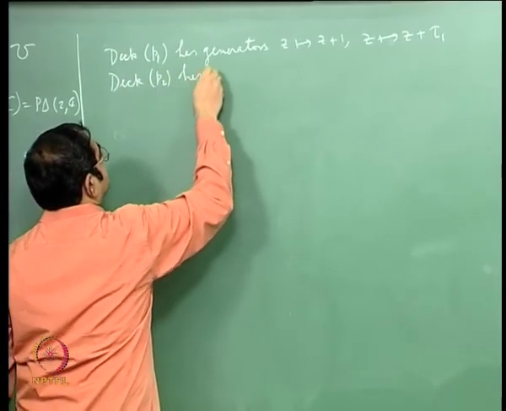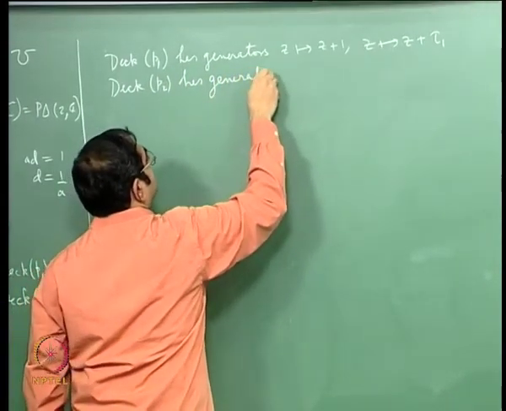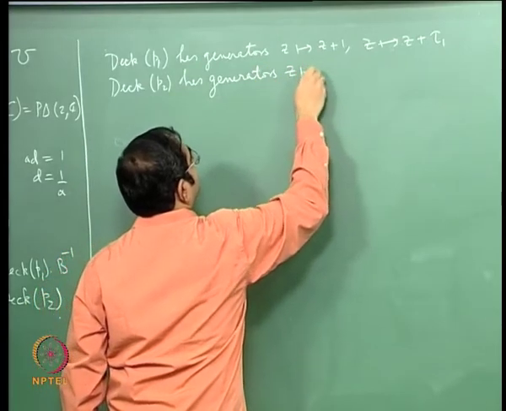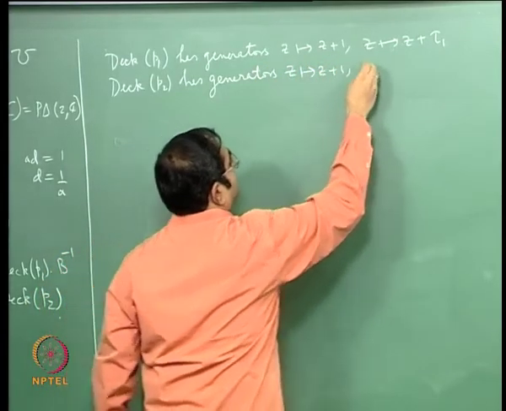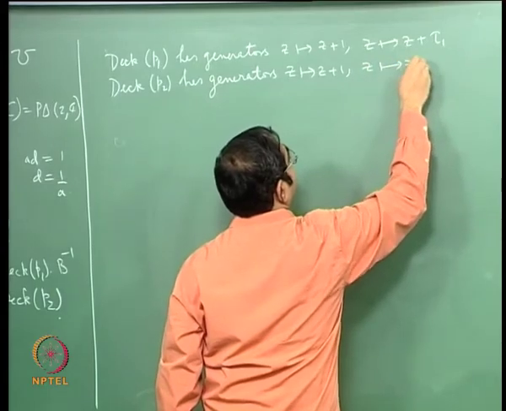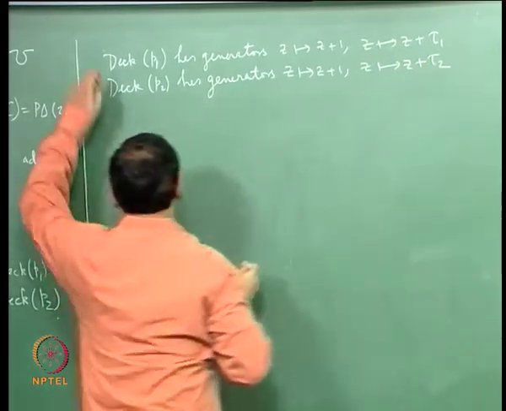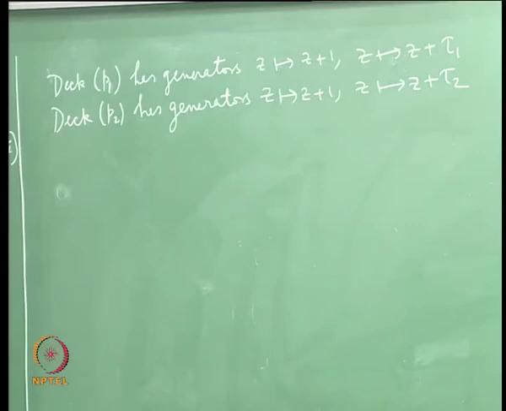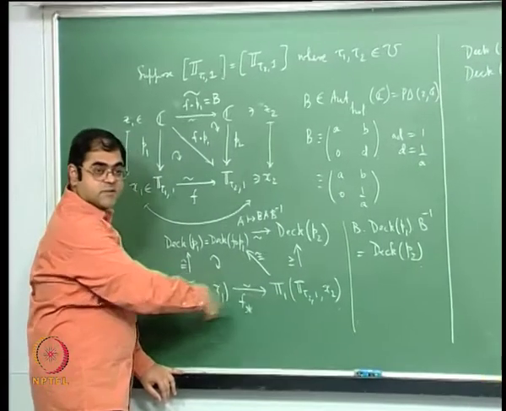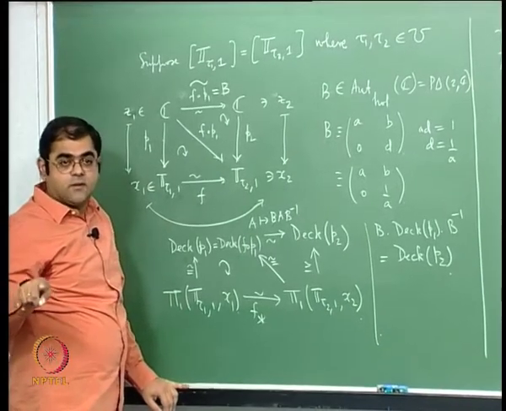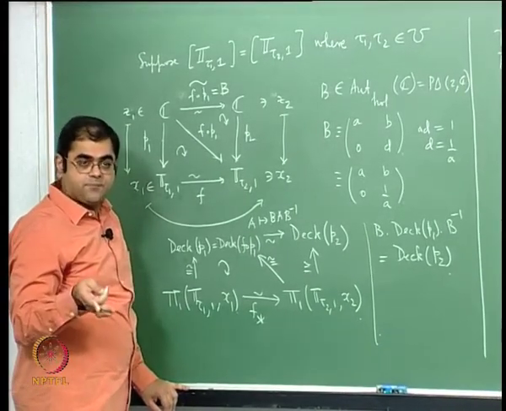has generators z going to z plus 1, z going to z plus tau 2. Notice that these two are isomorphic to the corresponding fundamental groups, and the fundamental groups are just Z cross Z, okay. Therefore there are two generators, okay.